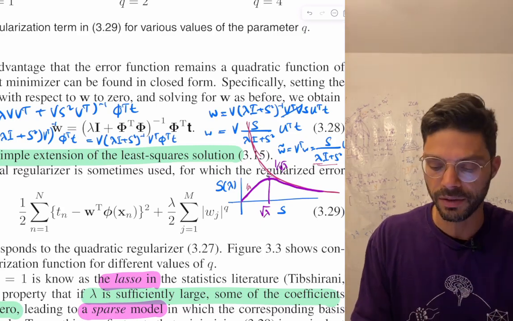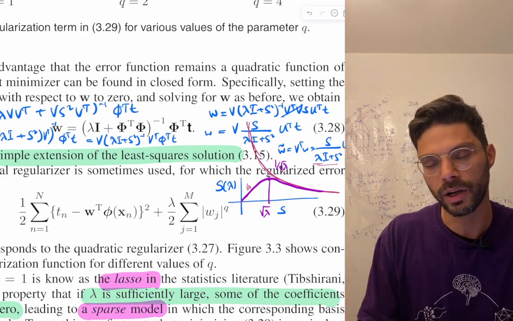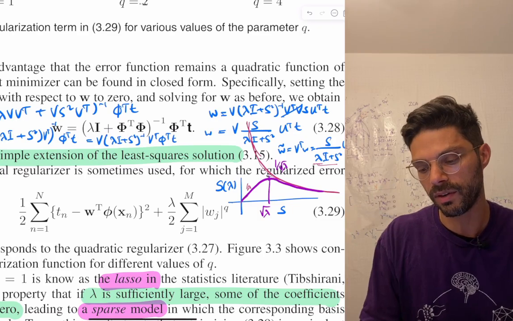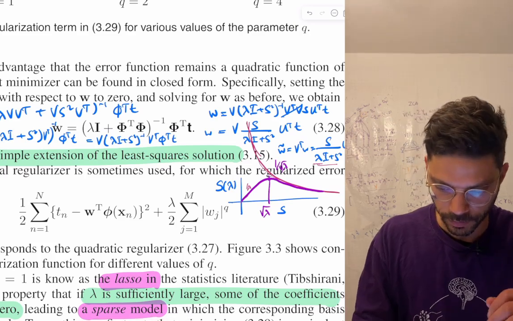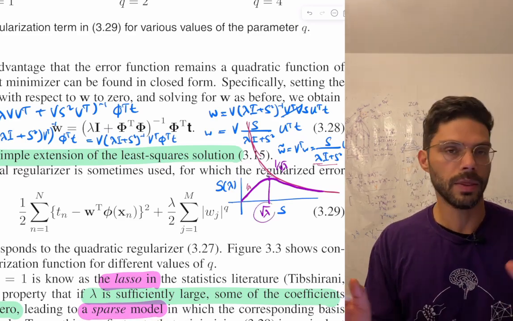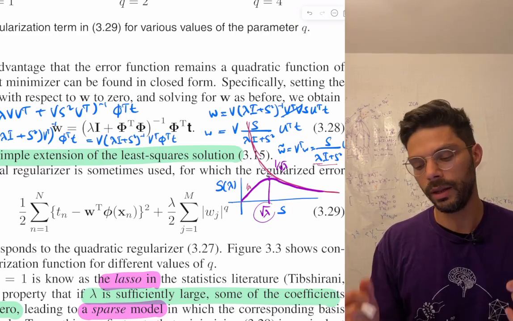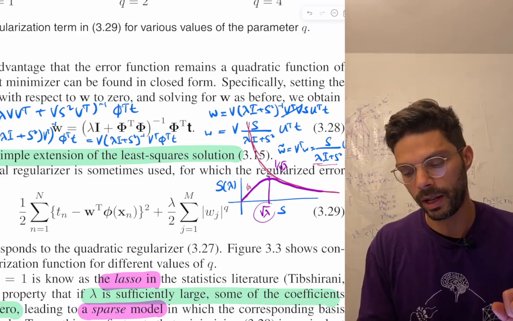But effectively what it does is it's shrinking. So if your weights are very large, nothing happens to them. If they're very small, they keep their value, just like here.